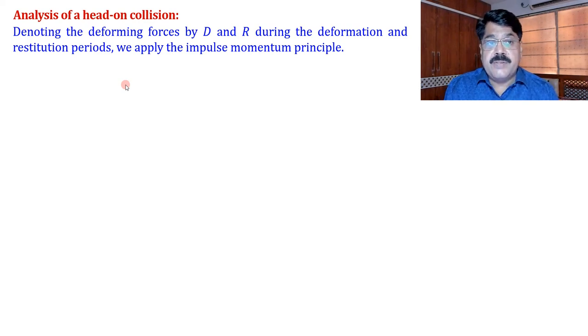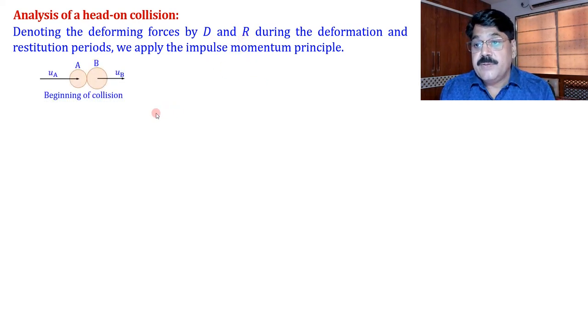And for this reason, we are giving different symbols to deforming forces during deformation period and during restitution period. As the name suggests, during deformation period, we are denoting the deforming forces by D, and during restitution period we are denoting these forces by R. So first we begin at the beginning of collision.